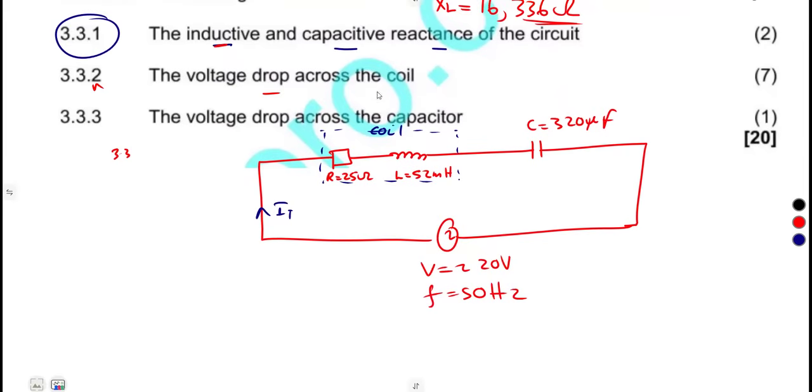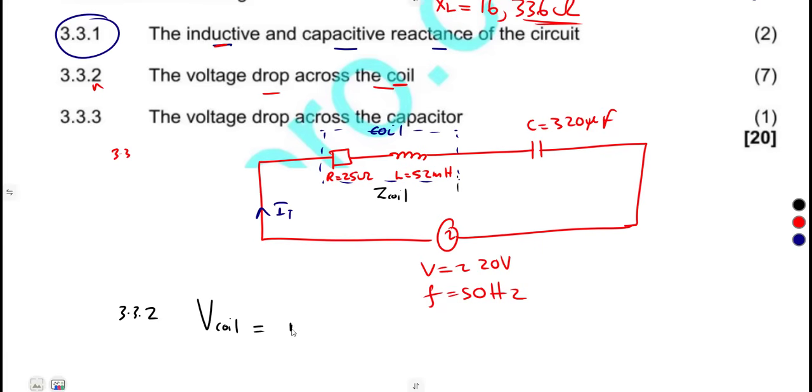Okay, so this is what you had, and 3.3.2, the voltage drop across the coil. So remember, the coil is the one that has the resistor and what? The inductor. There is a resistor and inductor on the coil. So to find that, there are so many ways. We can say the voltage across the coil, since the current is the same, we're gonna need what? The impedance of the coil here.